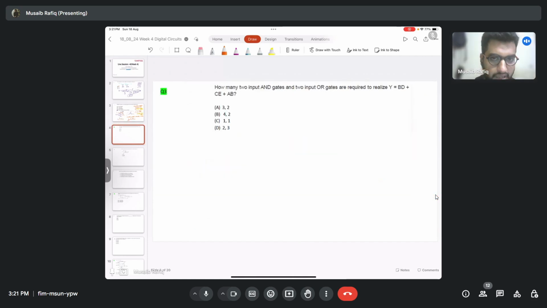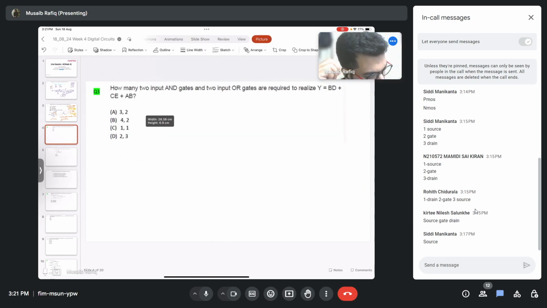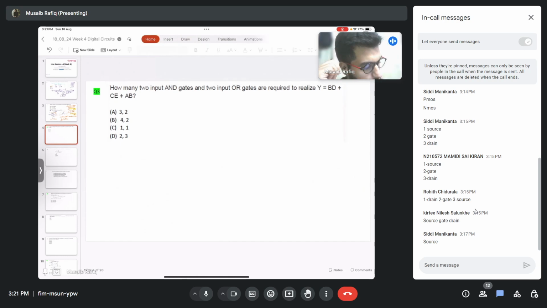Now, question number 3, I want you guys to do first, then I'll show you the solution. Question 3 states: how many two input AND gates and two input OR gates are required to realize y equal to BD plus CE plus AB? So the function is y equal to BD plus CE plus AB, and the question asks how many two input AND gates and two input OR gates are required. Anyone? I'll give you a couple of minutes.